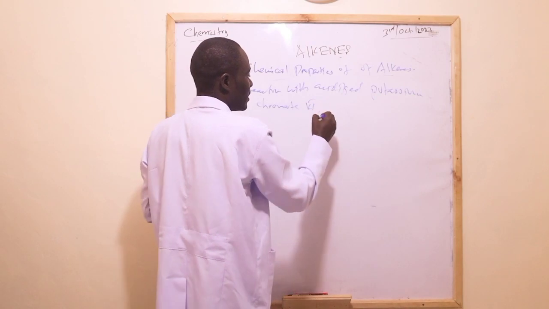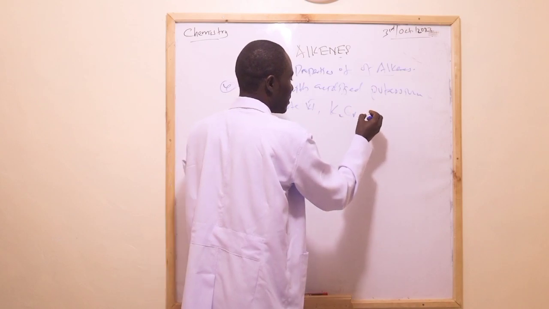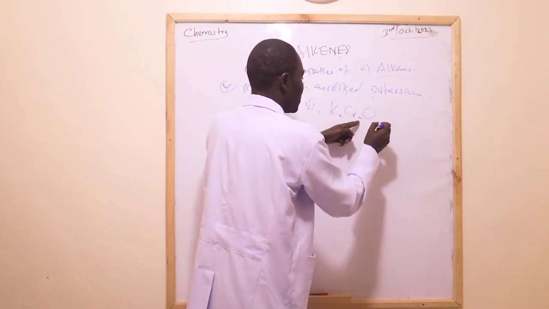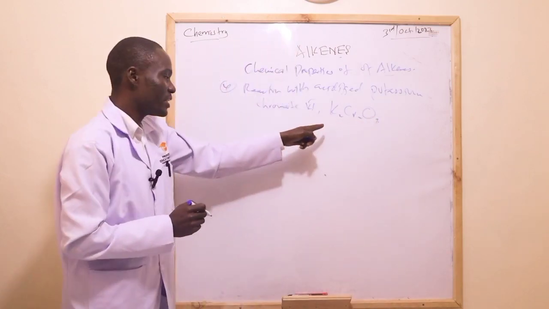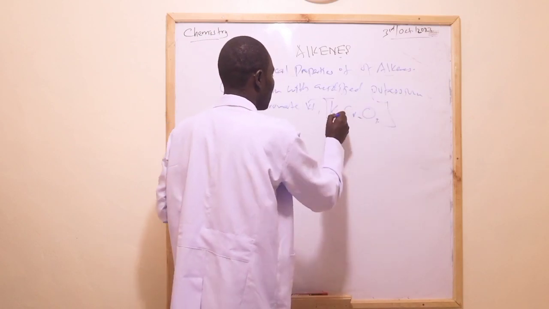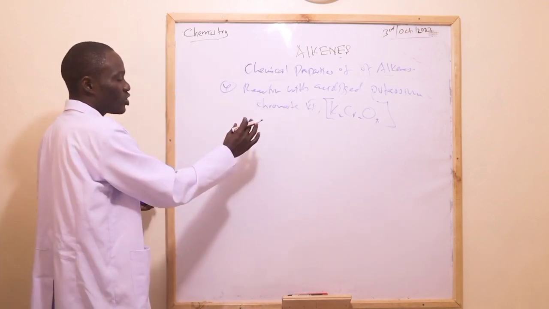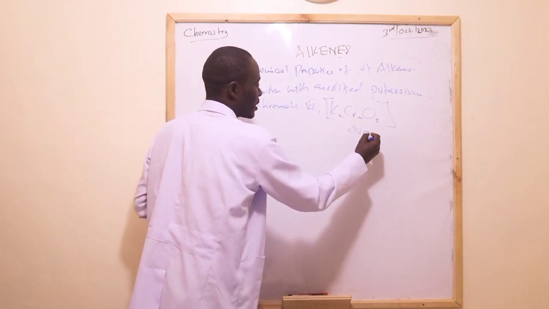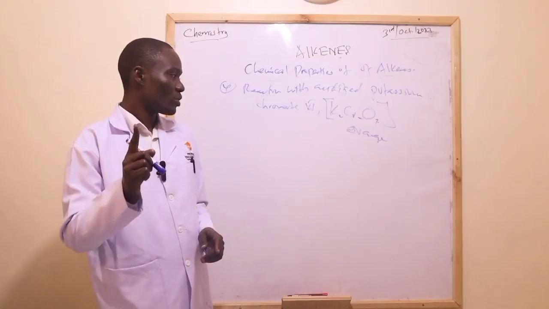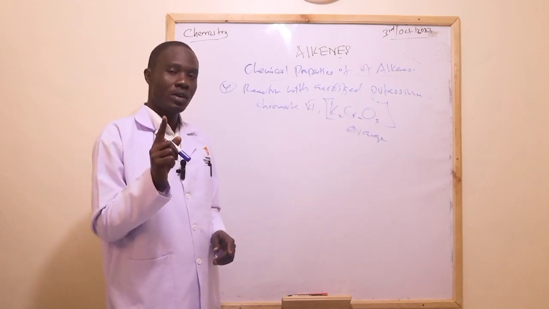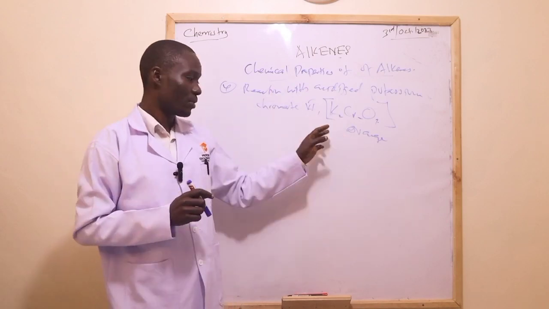Chromate 6, the chemical formula of that is K2, this one, so this is the chemical formula of the acidified potassium chromate 6. In this case, this is normally orange in color. It is orange in color, that's what you need to know. It is an orange reagent because of the existence of the chromate 6 ions in it. Chromate 6 ions are normally orange in color.